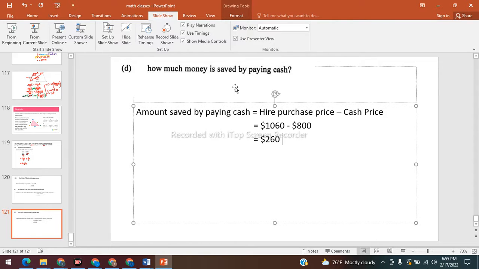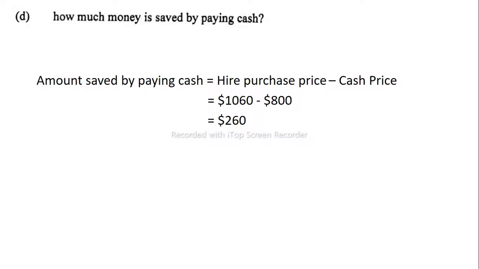Any questions on this? No, sir. Mr. Petit, if she paid a deposit, where did the additional $100 come from? Say it again? If her deposit is 160, where did the additional $100 come from? That's from them adding more on the price, because they asked for 12 monthly payments.